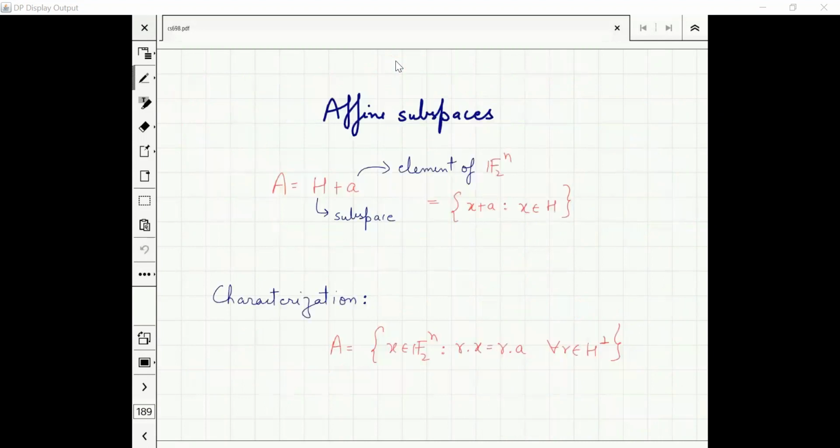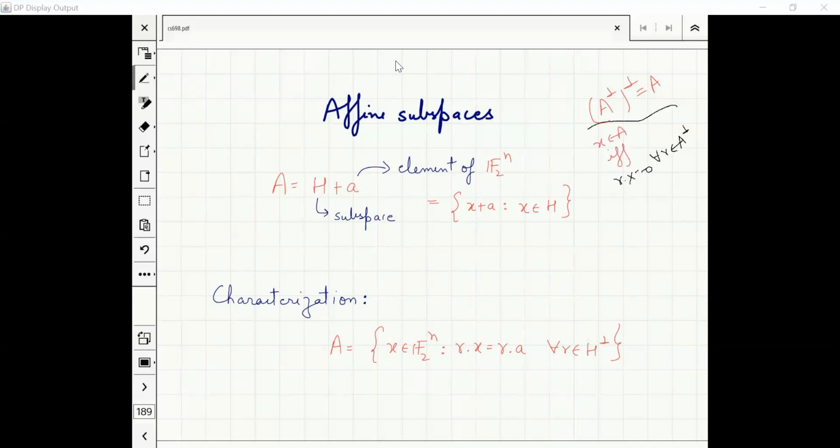And similarly, I can write the Fourier expansion for affine subspaces, not just subspaces, but even affine subspaces. How do I do it? Remember, for the subspace, we used this characterization: A perp is equal to A. That means X is an element of A if and only if gamma dot X is equal to 0 for all gamma in A perp.